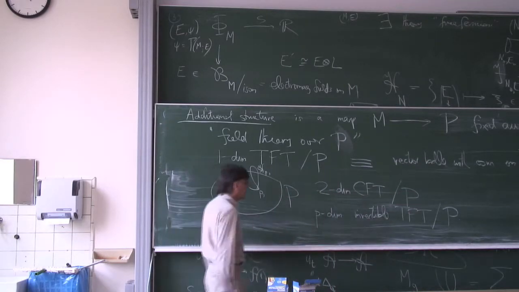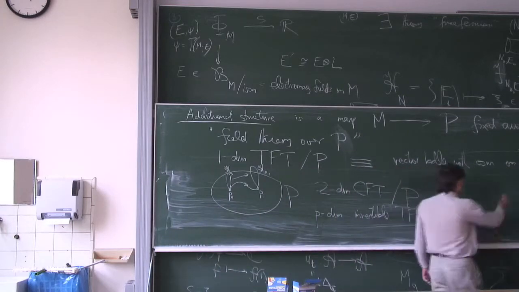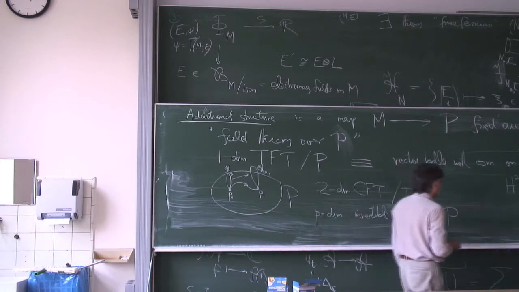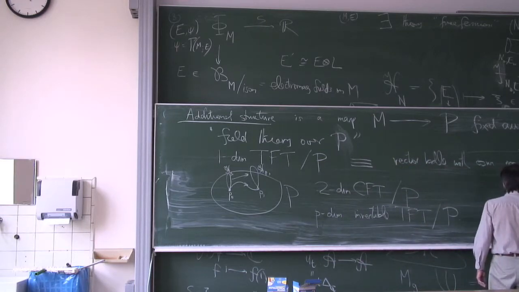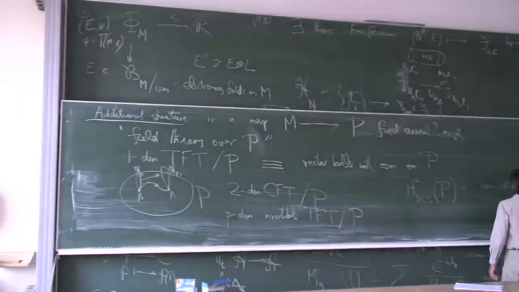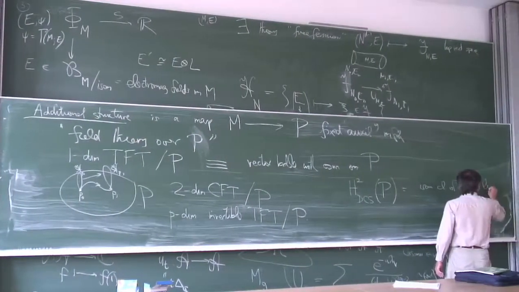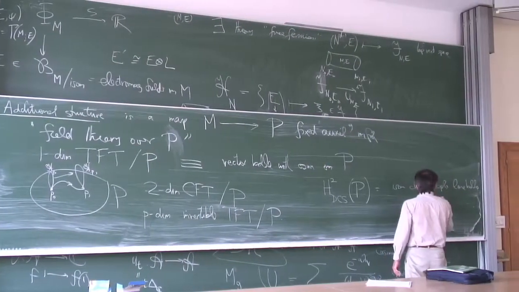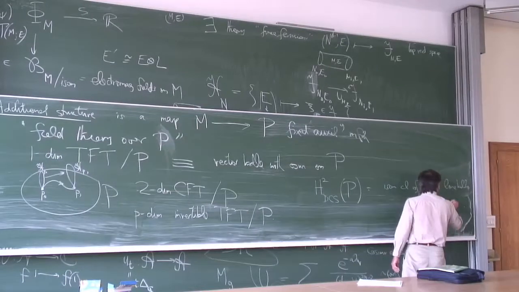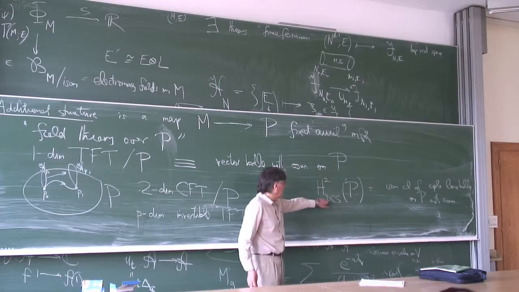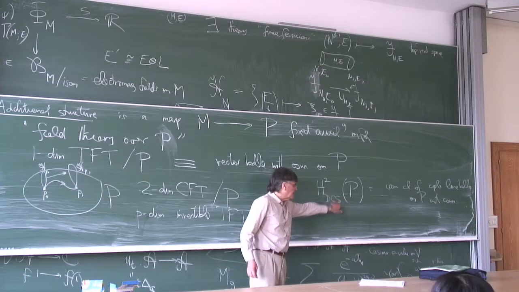The isomorphism classes of those things form what, depending on your culture, is like H^2 of P, the isomorphism classes of complex line bundles on P with connection. This is going to be the Cheeger-Simons assignments.